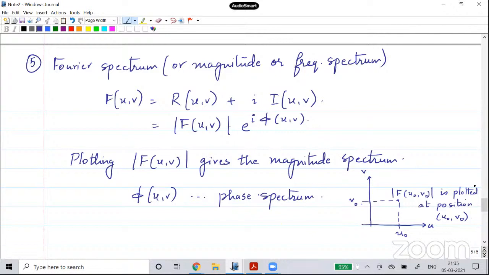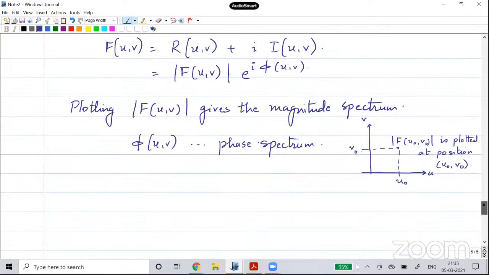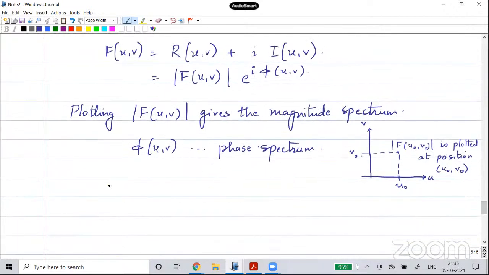We haven't seen an example of this yet. I will show you in a few minutes. Both of these will be arrays of size m cross n, because you have m points here and n points here.